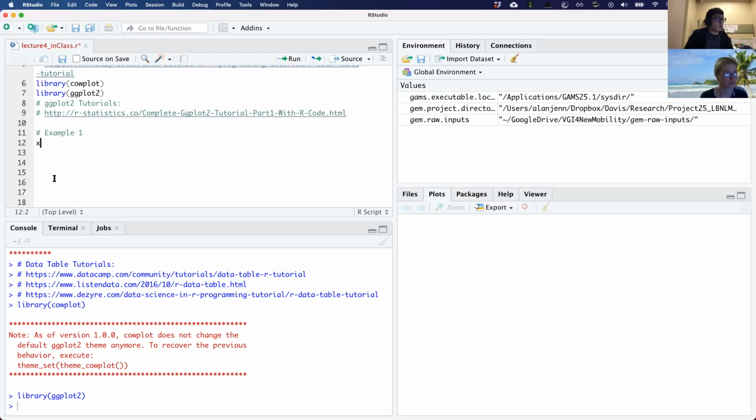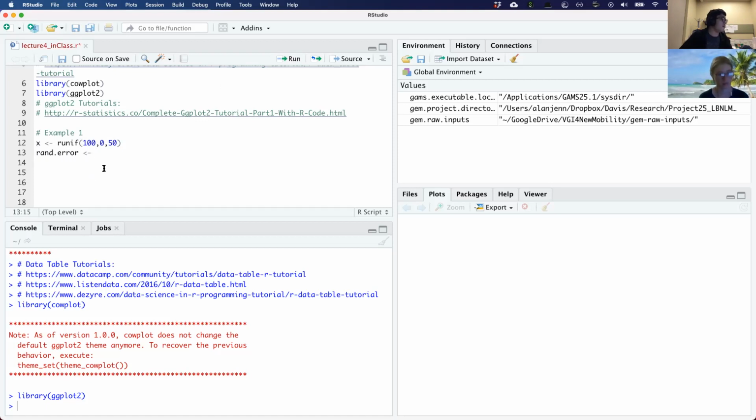So we're going to repeat the example that we had from last class, and leverage the same thing again.